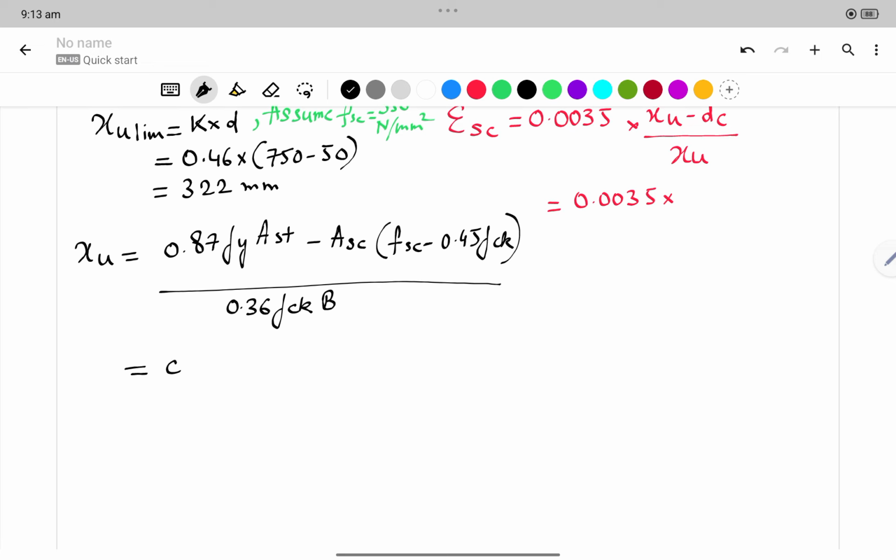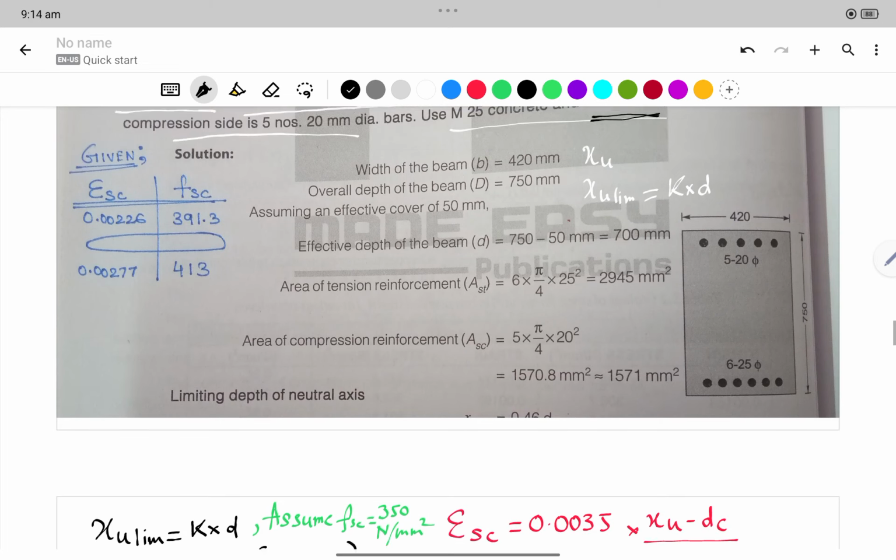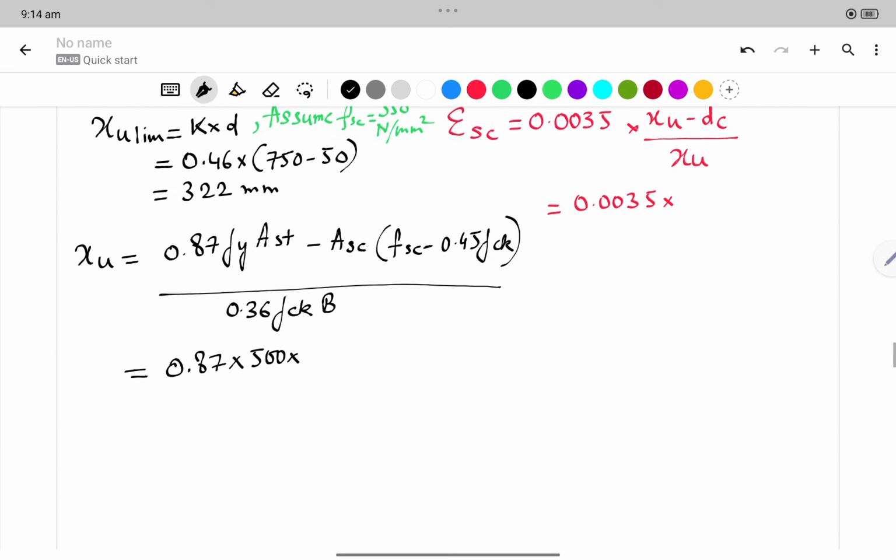Okay, so 0.87 Fy is 500. AST we have to calculate, so AST is given as 6 bar 25 dia. AST is equal to 6 bar 25 mm dia.